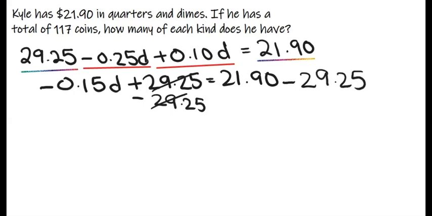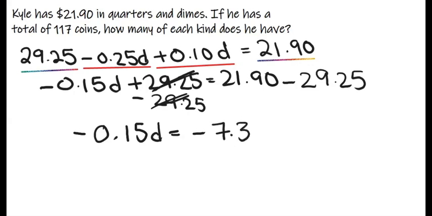So these two cancel out from this side, and we only have negative 0.15D left here. And that is equal to 21.90 minus 29.25, which is equal to negative 7.35.